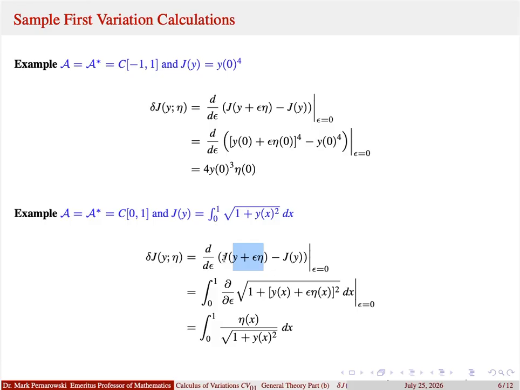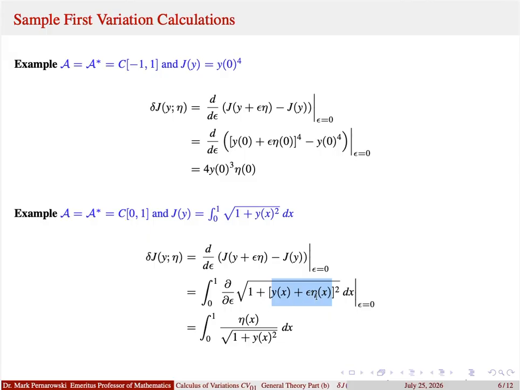When you take the derivative, it will come underneath the integral sign, and I'll have to evaluate this to get the first variation. So the total derivative becomes a partial under the integral sign. I've got this expression in here, which has x's and epsilons, but we're doing a derivative in epsilon.